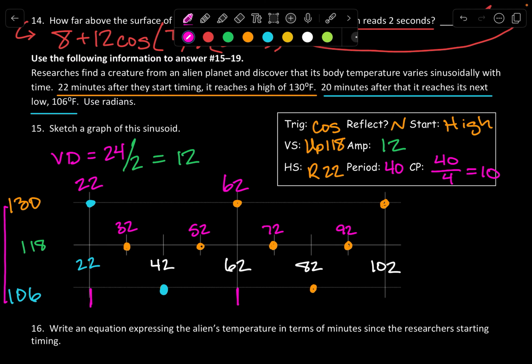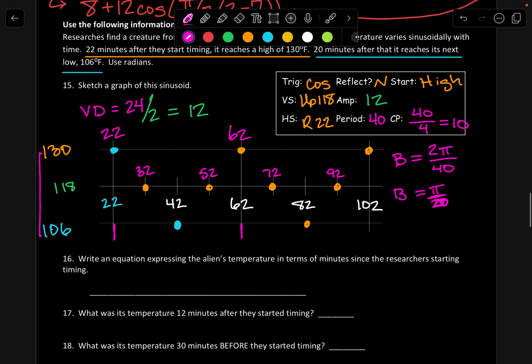And then we need our B value. B equals, we're working in radians, so 2 pi over the period. 2 pi over 40. That can reduce to pi over 20. I've got all my information now. I need to write an equation. I'm going to write f of x equals, I'm going to go to my vertical shift, 118.